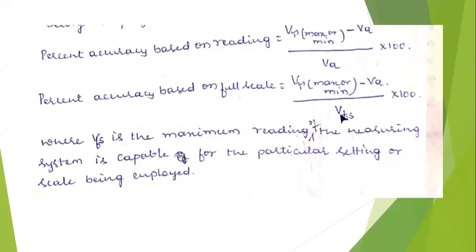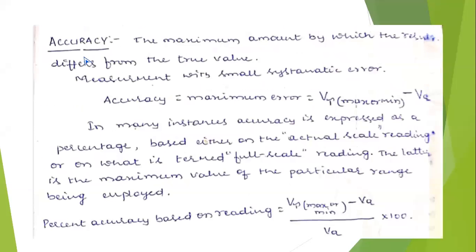FS indicates the full scale reading. Percentage of accuracy depends on the full scale of the instrument; that's called percentage accuracy based on full scale. You can use both concepts for calculating the accuracy of an instrument.